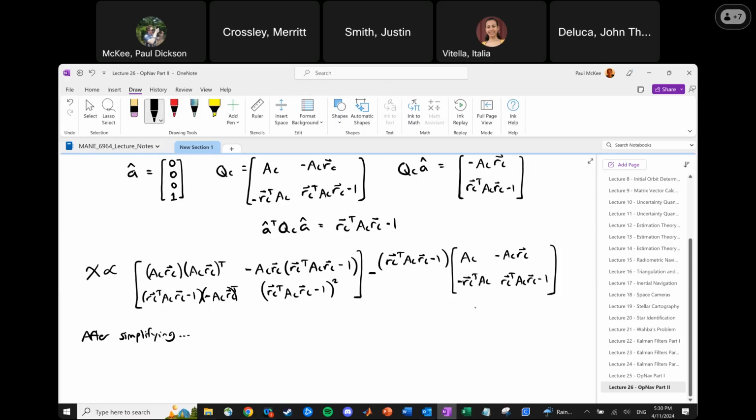we get that chi is proportional to AC, RC, RC transpose AC minus, in parentheses, RC transpose AC, RC minus 1, close parentheses, times AC.